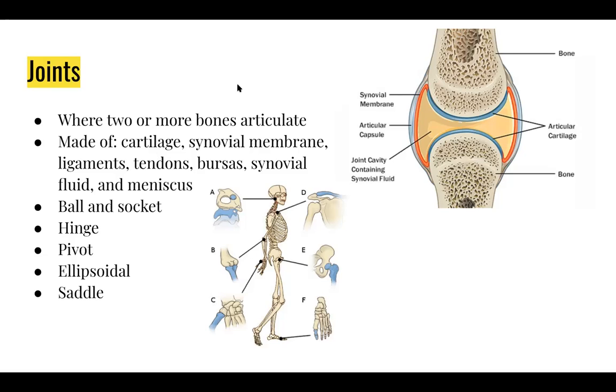So yes, that is correct. Examples of joints are your shoulder, your hip, your knees, your wrists, ankles, and your neck, because you can move your head around back and forth.